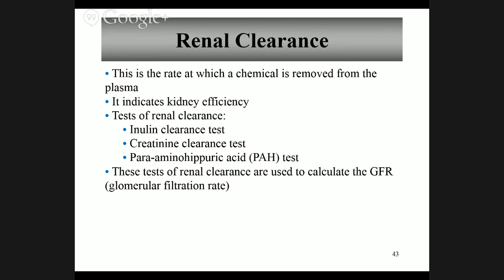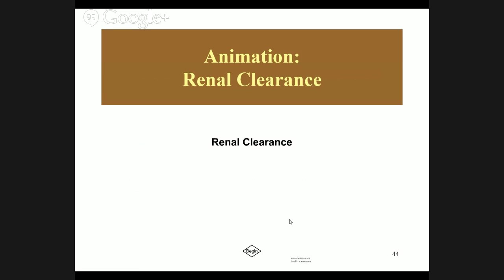So all PAH that passes through the kidneys appears in the urine, and the rate of PAH clearance can be used to calculate the rate of plasma flow to the kidneys. Then if the hematocrit is known, the rate of the total blood flow through the kidneys can be calculated. And here's an animation on renal clearance.